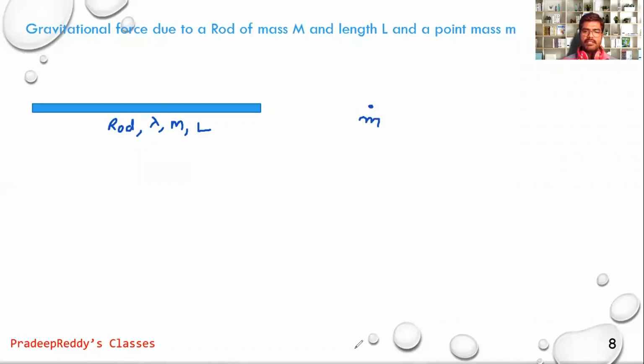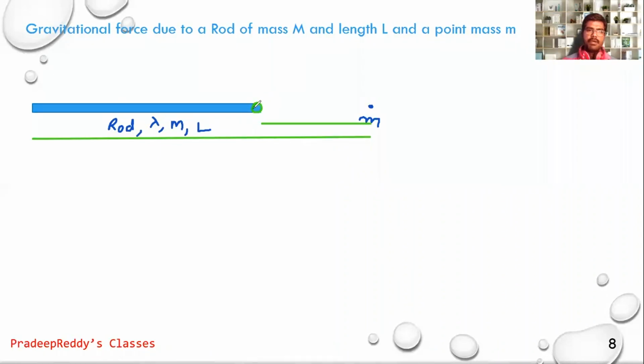When you are dealing with this kind of situation, you should clearly understand that this is an extended mass, and the separation between these 2 points is not the same. If you observe clearly, I am considering a small element here.